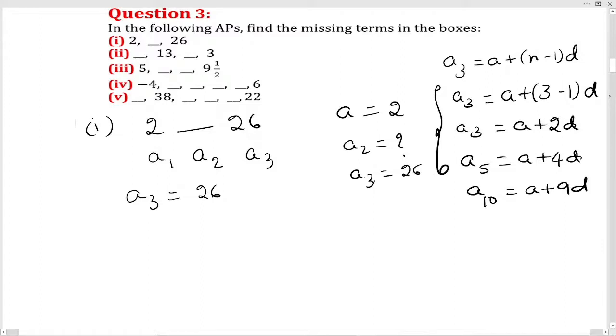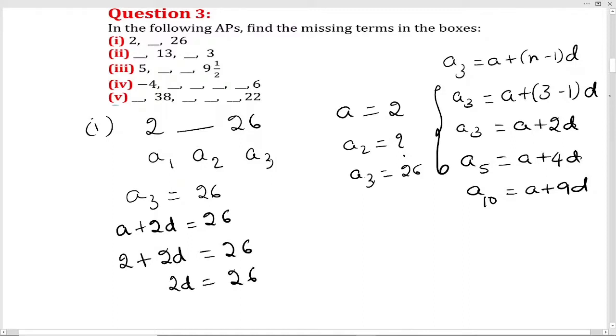Now coming to this, A third term you need to find. So the A third term formula will be A plus 2D equals 26. Now they have given the A value. The first term value is 2. I'll apply the 2 in the place of A. So A value is 2 plus 2D equals 26.